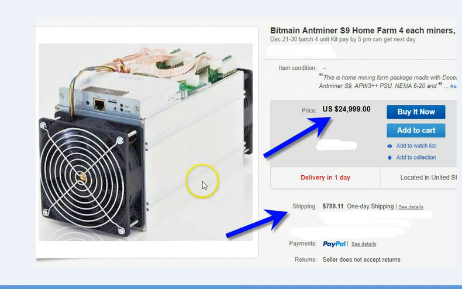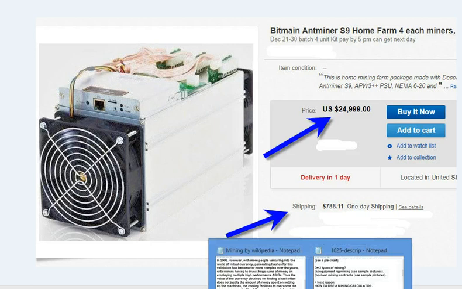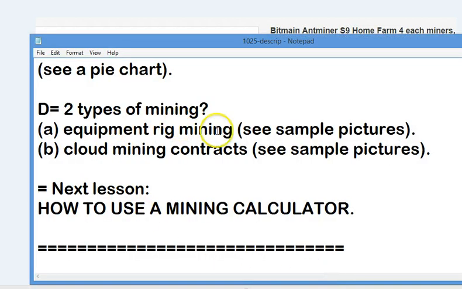So I call it equipment rig mining, where you buy your own hardware and software, sorry, and then you run your own operation basically.